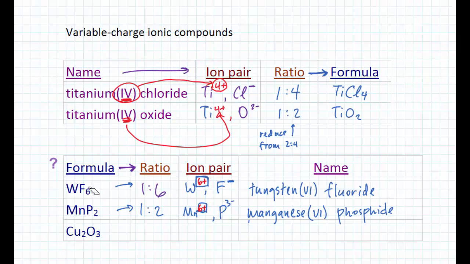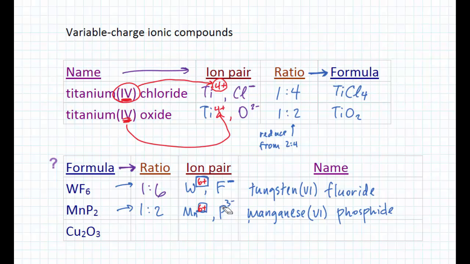A lot of you probably could have called this tungsten 6 fluoride. But how many of you could look at MnP2 and say that that's manganese 6 phosphide? That's why it's so important that you understand what the ratio here means.